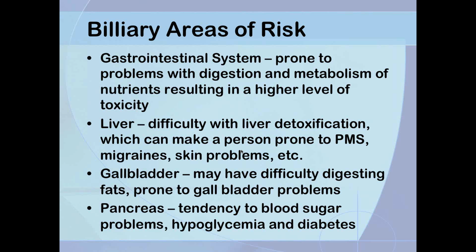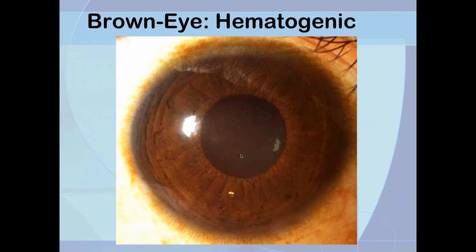So all of these things that happen when a person has inefficient liver detoxification are common in people with biliary eye patterns. The gallbladder and pancreas as digestive organs, they may have problems breaking down fats. They may have problems managing blood sugar, which leads to things like hypoglycemia and diabetes. They're at increased risk for these sorts of problems.